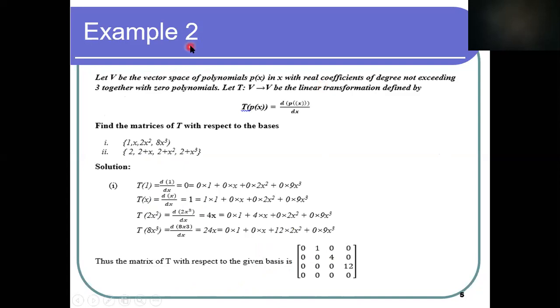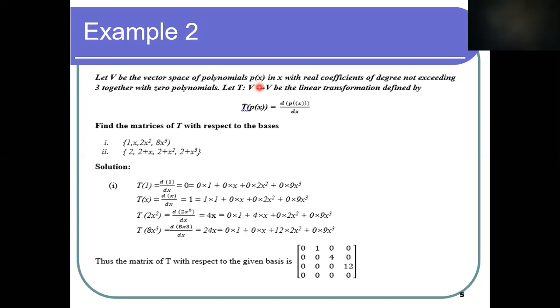Dear student, let us take another example. Why am I taking this example? Because I am going to show you that it is not always necessary to take a transformation from Rn to Rm.